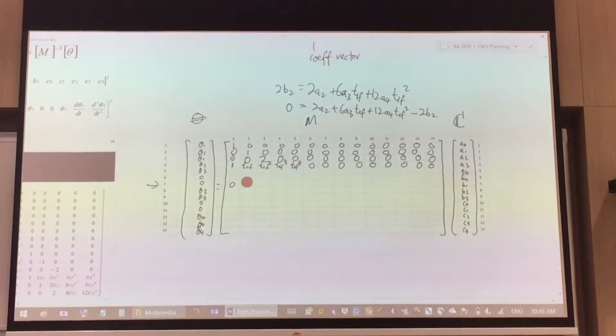So this will be 0, 0. That will be 2 because of 2, 8. 6 T1F, 12 T1F squared, and then 0, 0. And you have this minus 2B2. So you get this as minus 2. And then the rest will be 0.